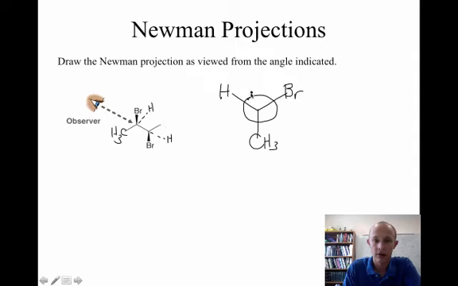Coming up is a methyl. So this here is a CH3, right? Bonded to this carbon. On the right-hand side is a bromine. On the left-hand side is a hydrogen.